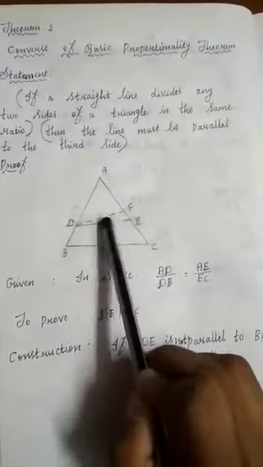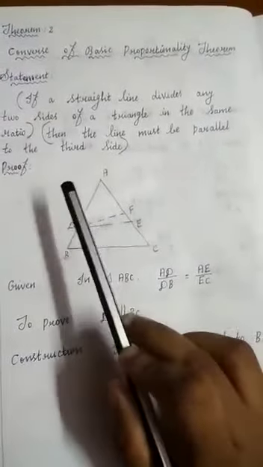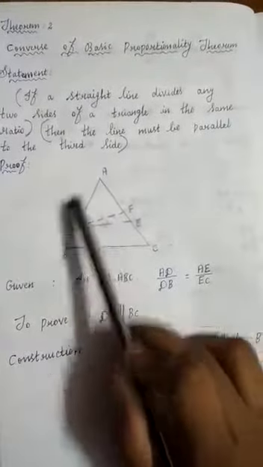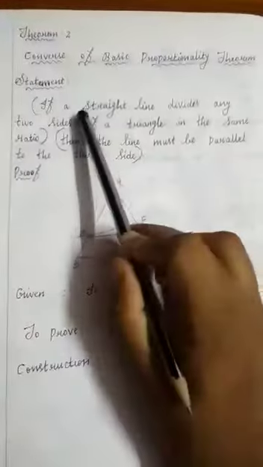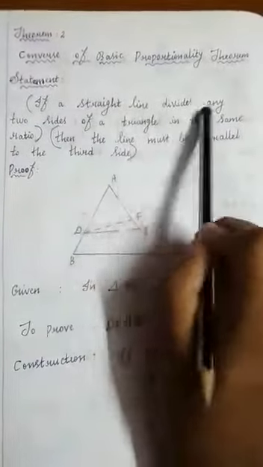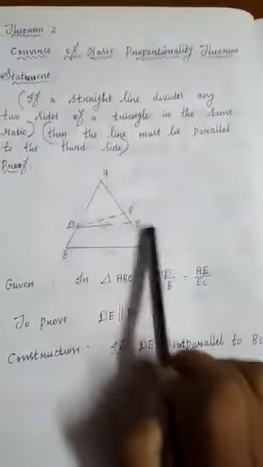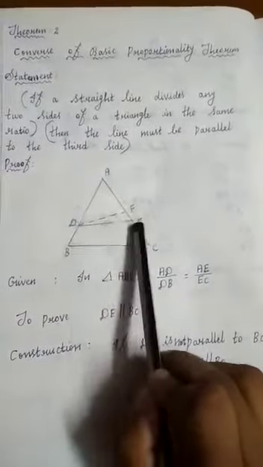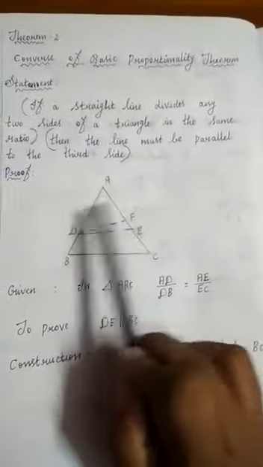In the BPT theorem, DE is parallel to BC means this line divides the other two sides in the equal ratio. That means AD divided by DB is equal to AE divided by EC. But here, reversely, they have given: if a straight line divides any two sides of a triangle in the same ratio. That means first you have to draw one triangle and name it ABC. Then draw one straight line, named DE.